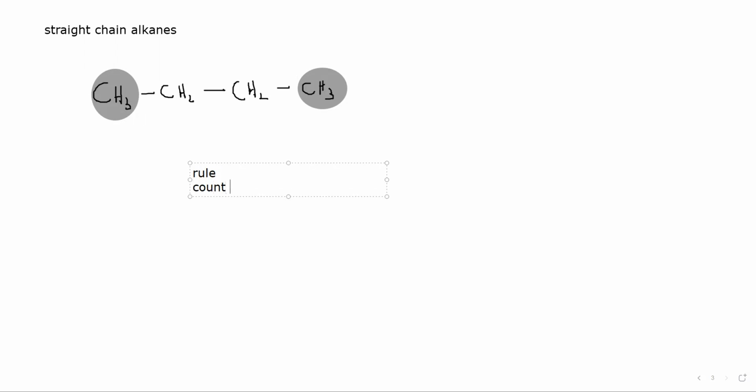count the number of carbon atoms and use the prefix. Prefix means the word which we use before. So how many carbon atoms are there? Four carbon atoms. What is the prefix used if the organic structure contains 4 carbon atoms?